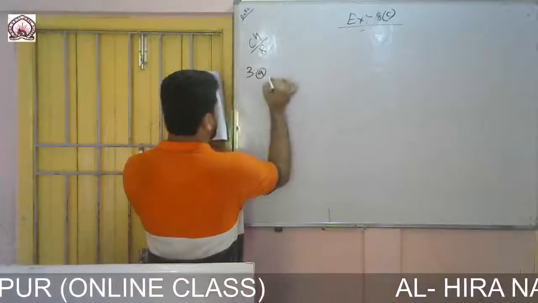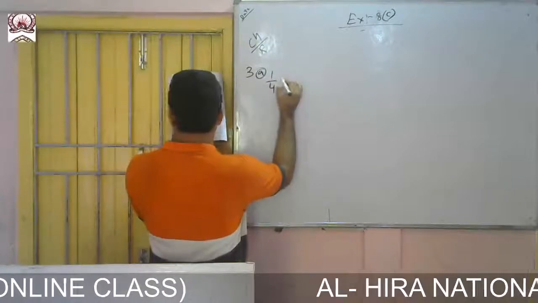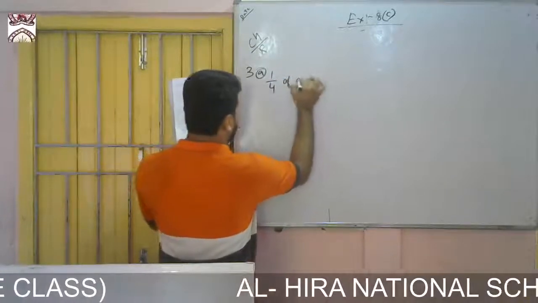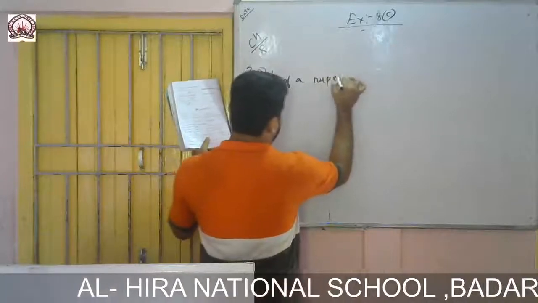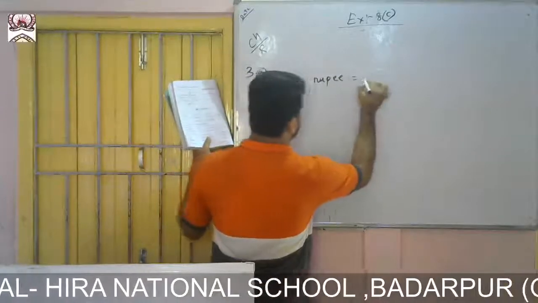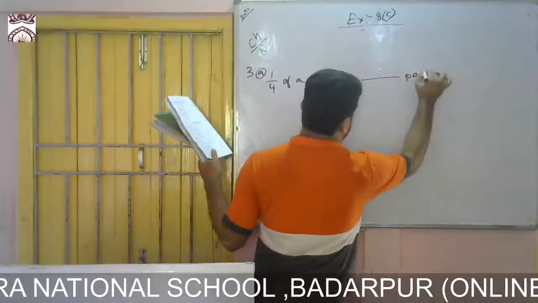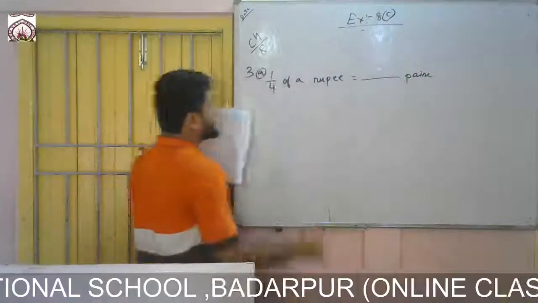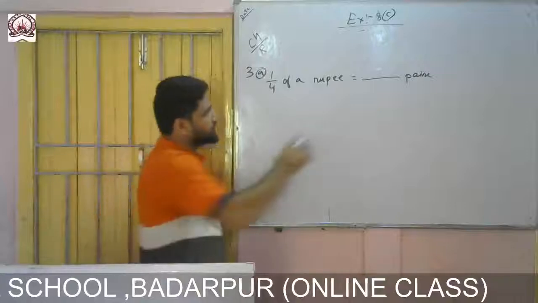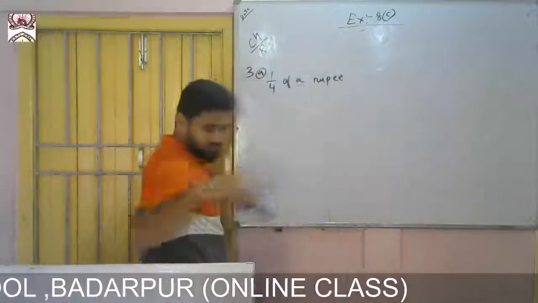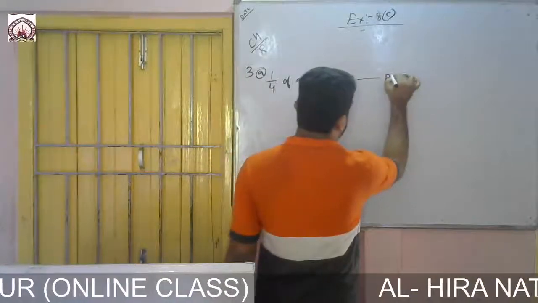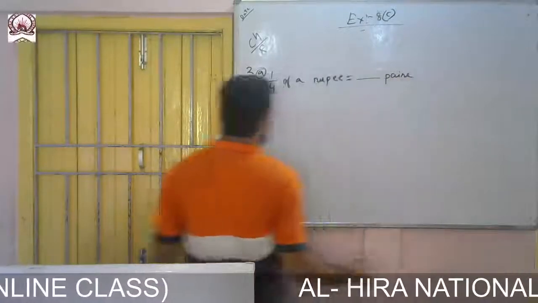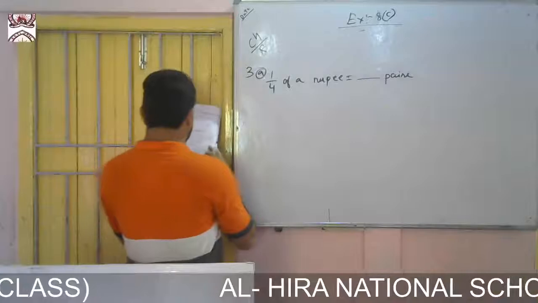Okay, 1/4 of a rupee equals to dash paise. Equals to what? Dash paise.